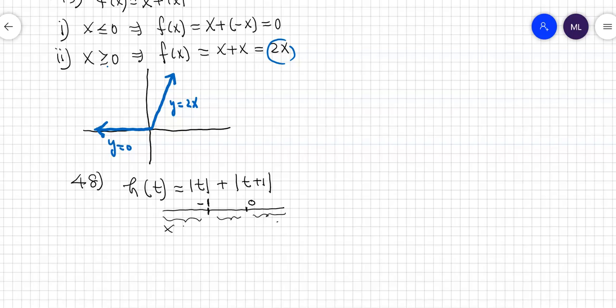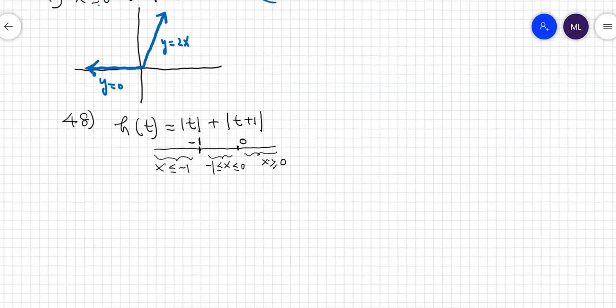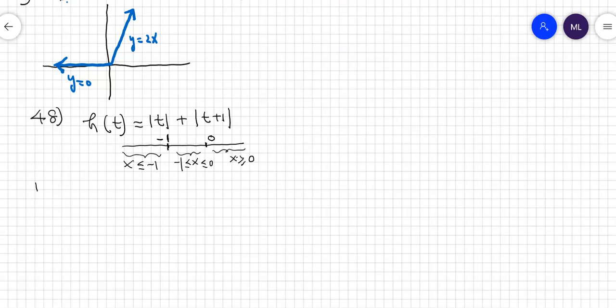This is t less than or equal to negative 1. This is t between negative 1 and 0. This is t greater than or equal to 0. So now let's do 3 separate cases. First, t is less than or equal to negative 1.